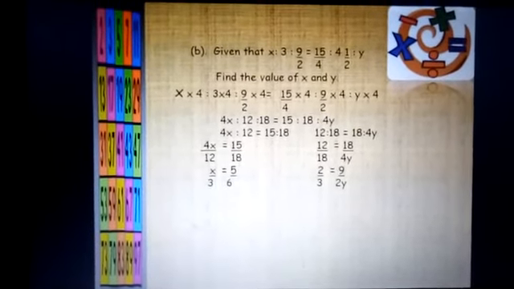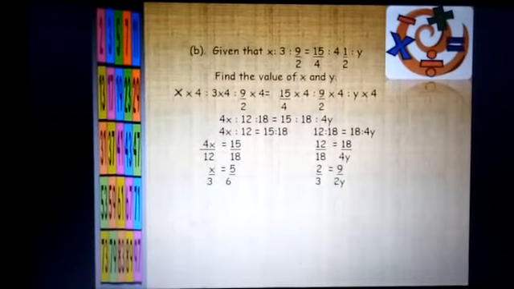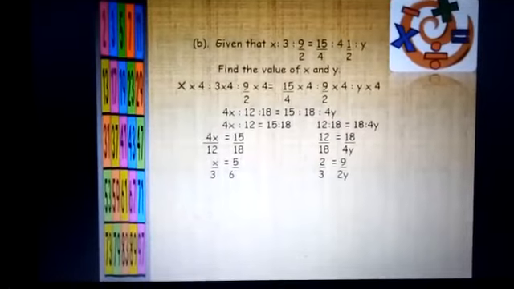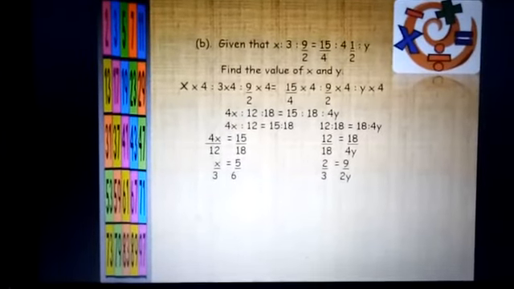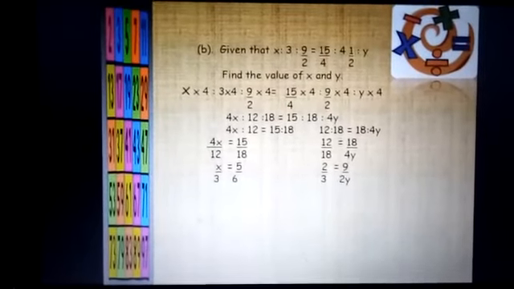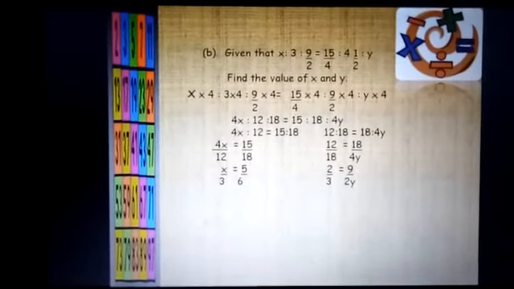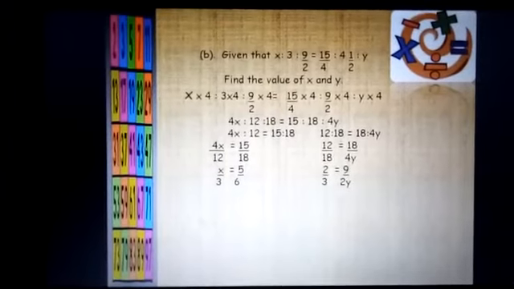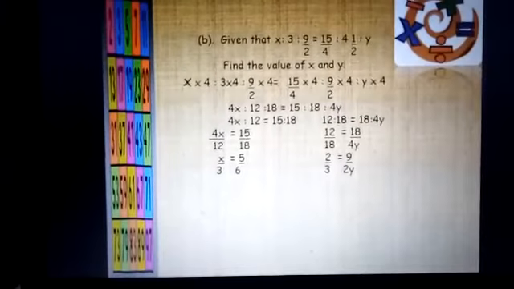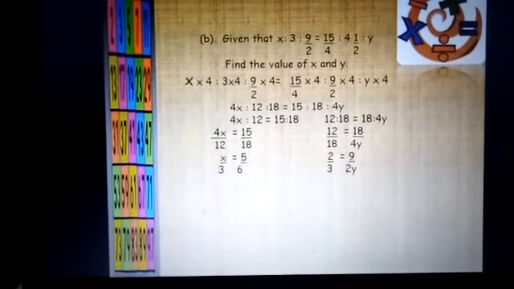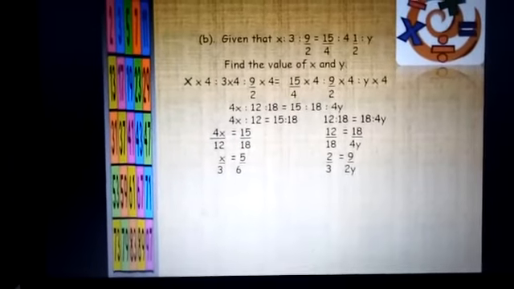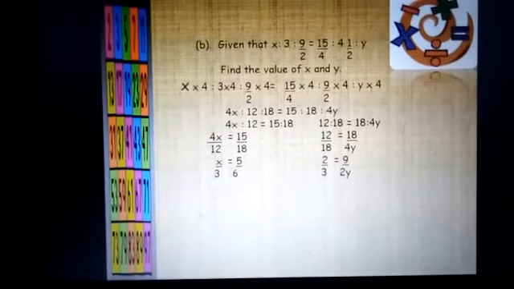Now 4 divided by 12, 4x by 3 remaining, we cut the values with 4. Again 15 and 18 both will be reduced by 3, we divide them with the help of 3. Again 12 by 18, we divide both the values with 6, and 18 and 4 we divide with the help of 2 and we get 9 by 2y.